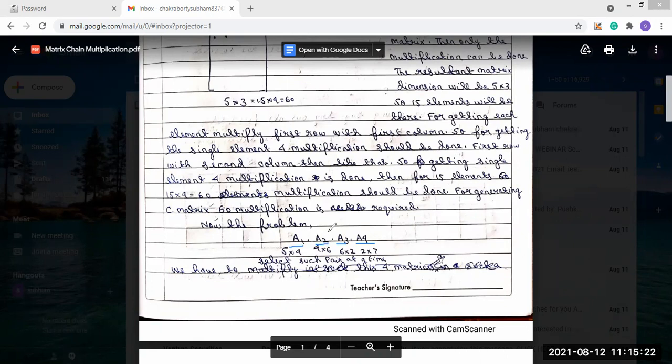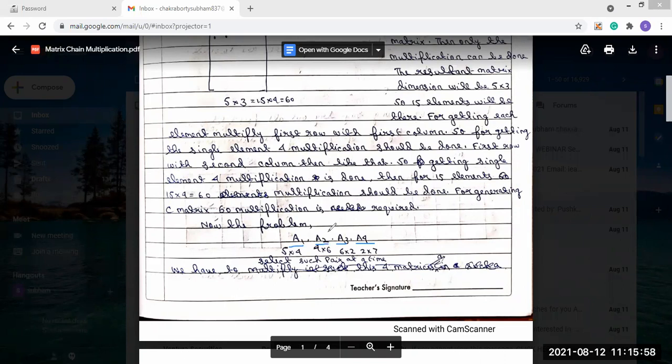But what we have to do is select such a pair at a time that the total cost of multiplying all of them is minimum. So our problem is not to multiply them and get the result.